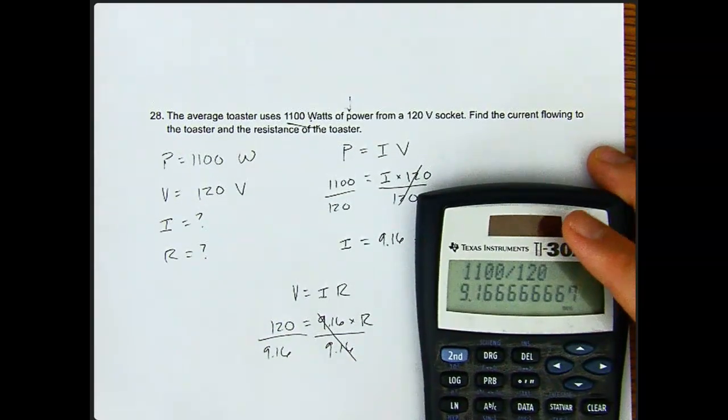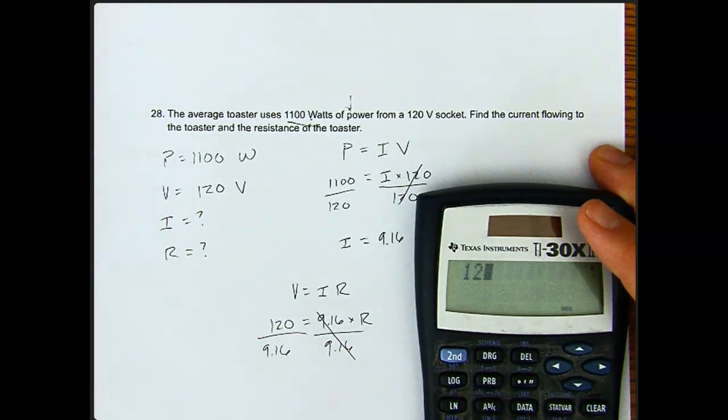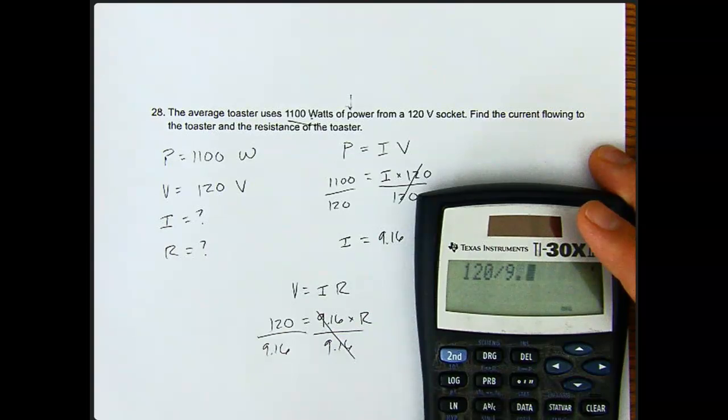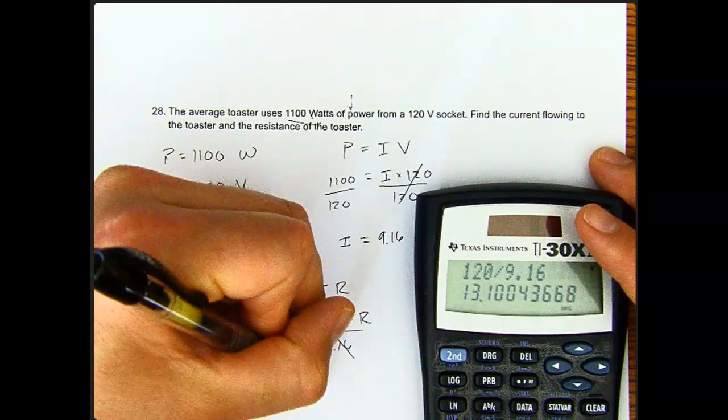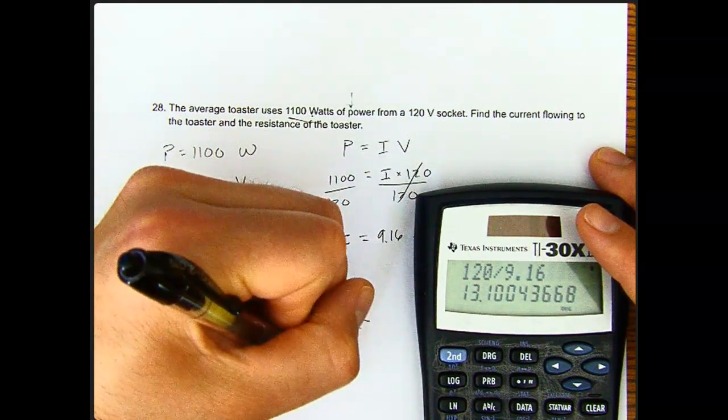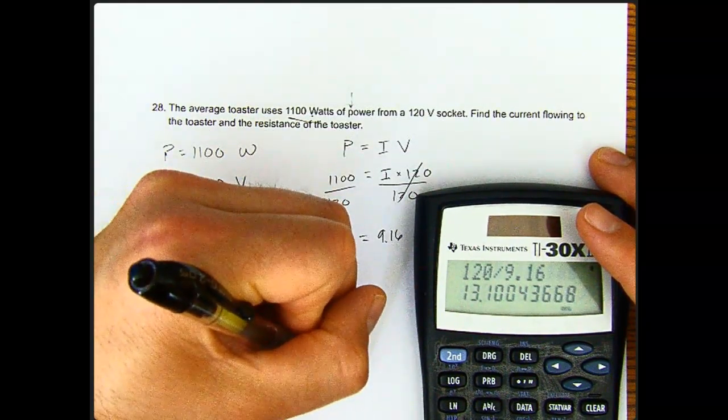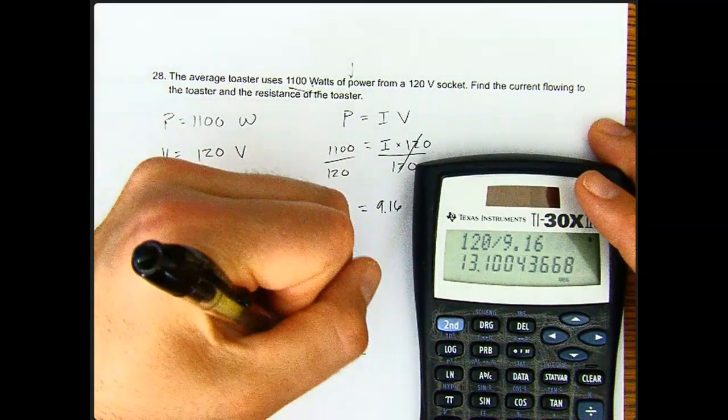That should give me 120 divided by 9.16. So the resistance is 13.1 ohms, and the symbol is the omega symbol, or you could just write ohms.